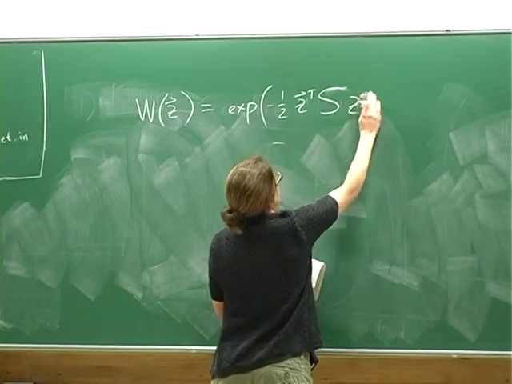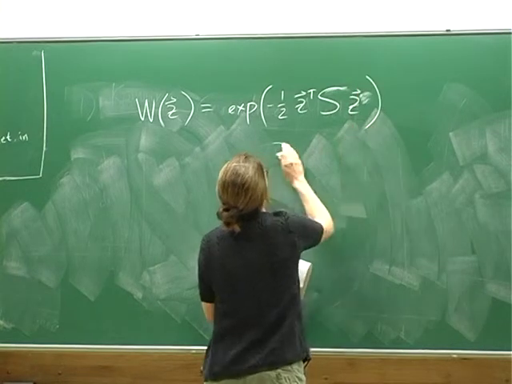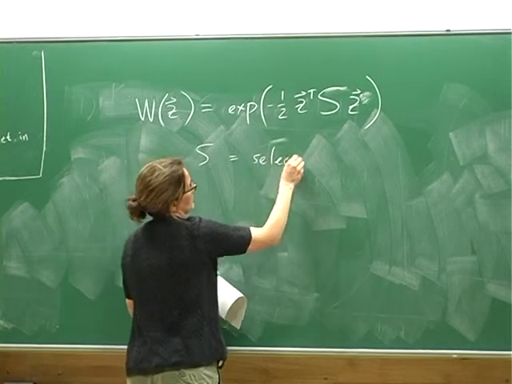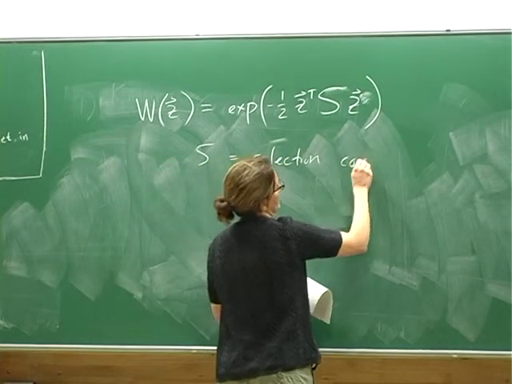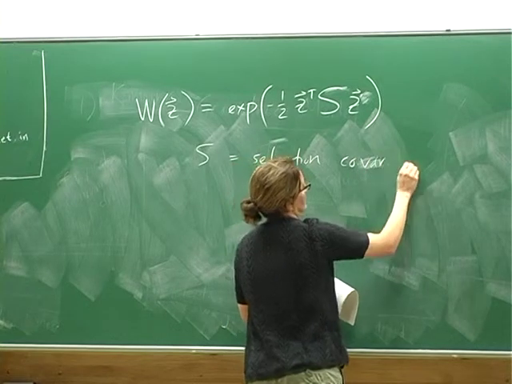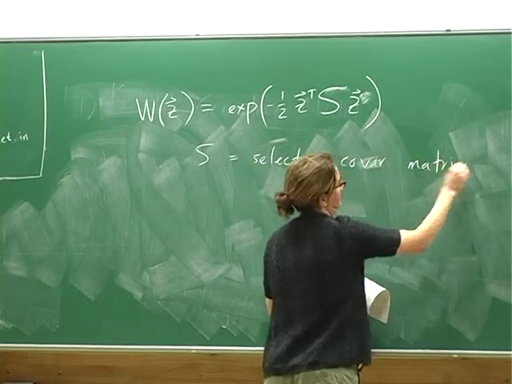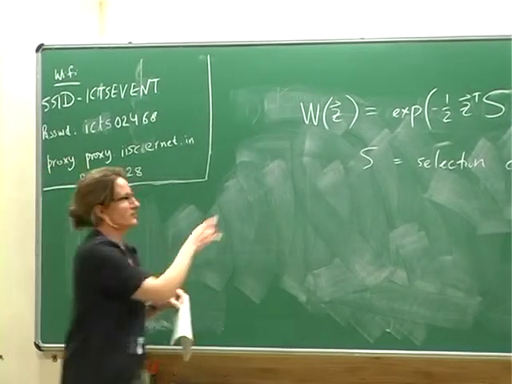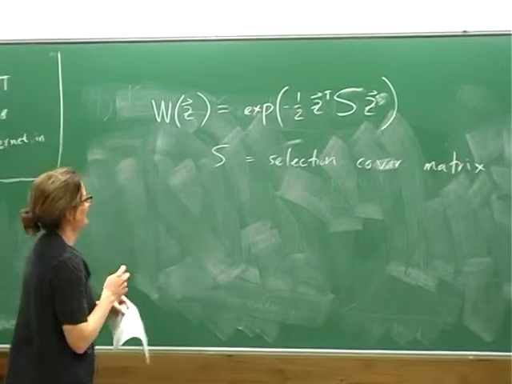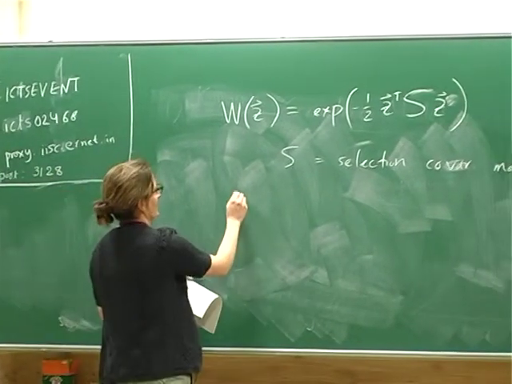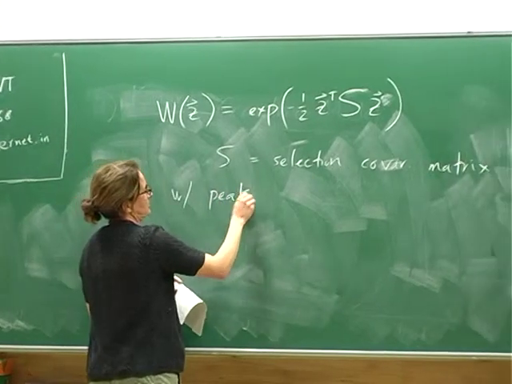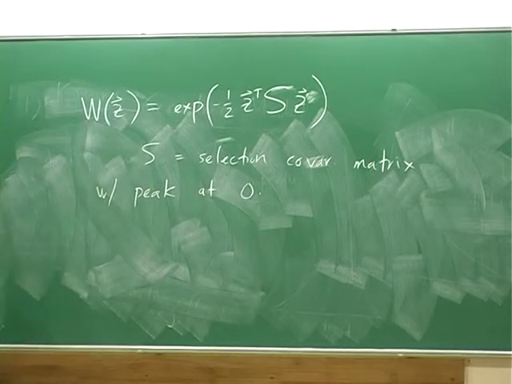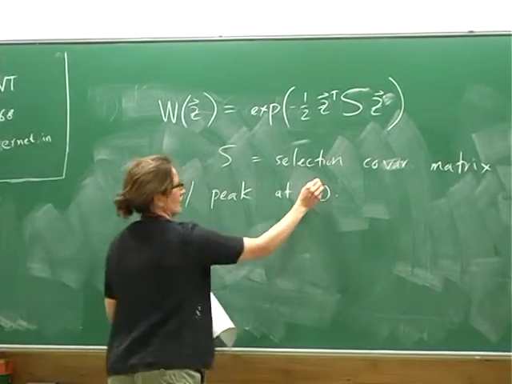Z. And S is the selection matrix or selection covariance matrix. Okay, so that'll make sense to a lot of you, and if not, doesn't matter, just picture that. And we're going to just shift things so that the peak is at 0. Actually, 0 vector.